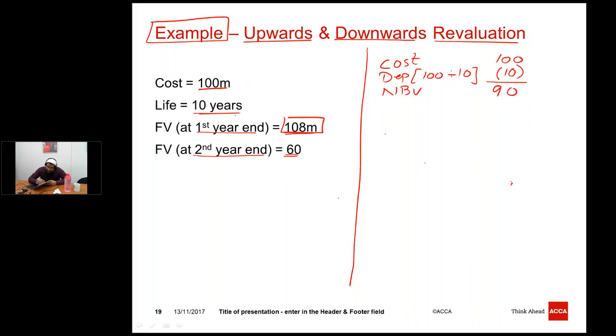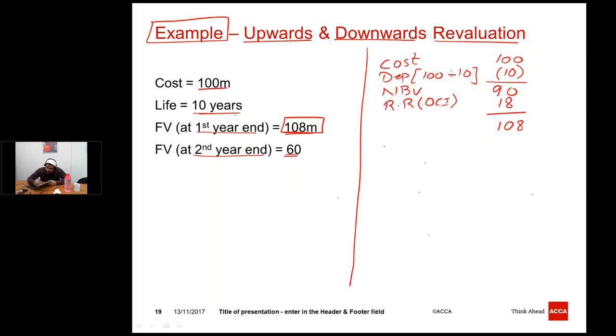Now the question says that the fair value was 108, which means that the gain recorded in the first year is going to be 18. So this gain will be recorded in revaluation reserve through OCI because this is a first time gain.